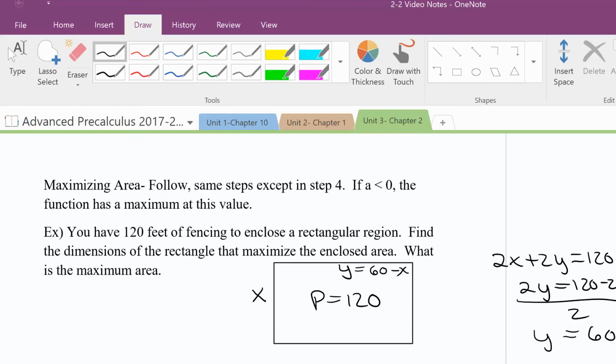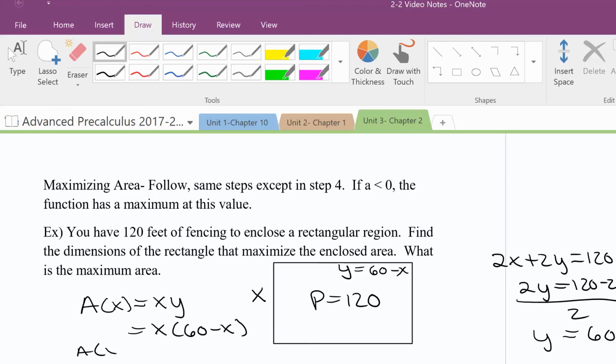So if I write a function for the area, because remember, the area is equal to x times y, it's going to equal x times 60 minus x, which means that it's equal to negative x squared plus 60x.